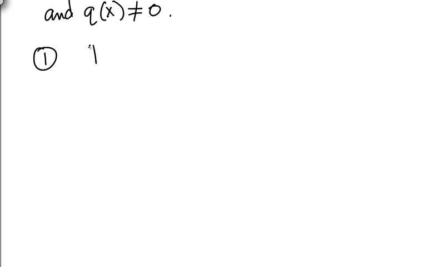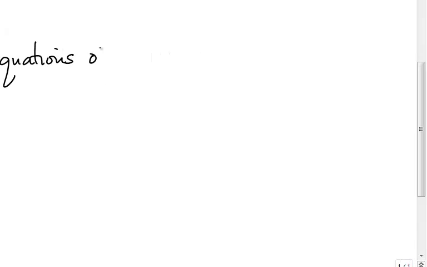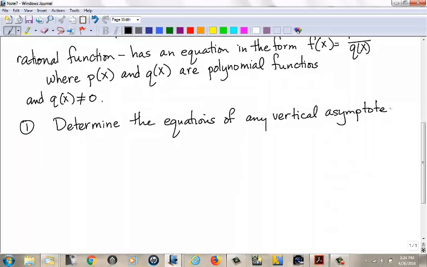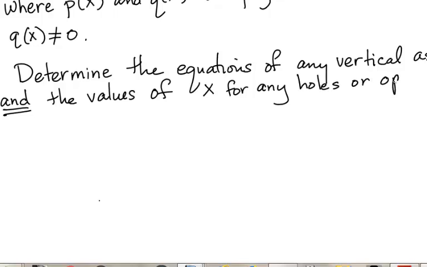Okay, now examples. They will say determine the equations of any vertical asymptotes, make sure you spell that right, and the values of x for any holes or open circles in the graph.